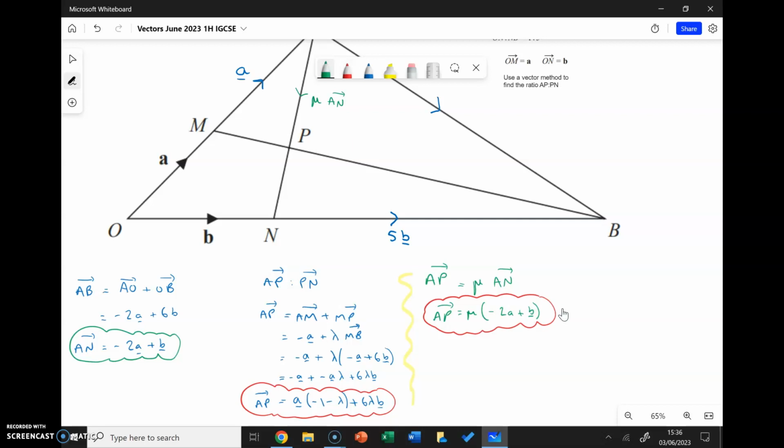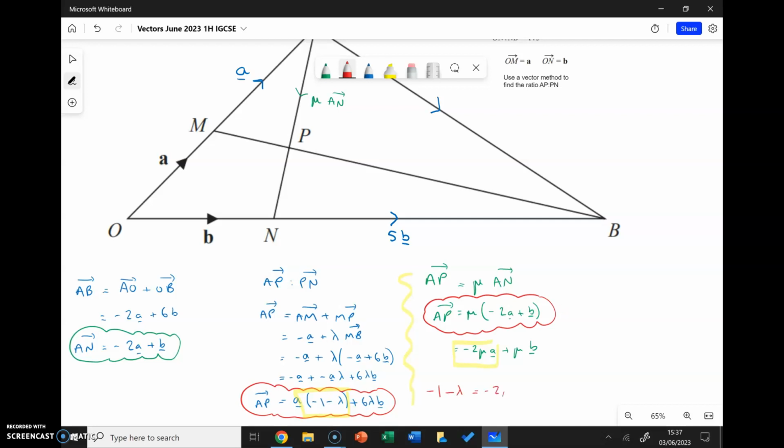So let's just play around with this a little bit, and we could say this is minus 2 mu a. So we underline the a and the b because they're vectors. So what we can say now is that this bit must be the same as this bit. I'm going to ignore the a's now, because the a is just giving me the actual vector.